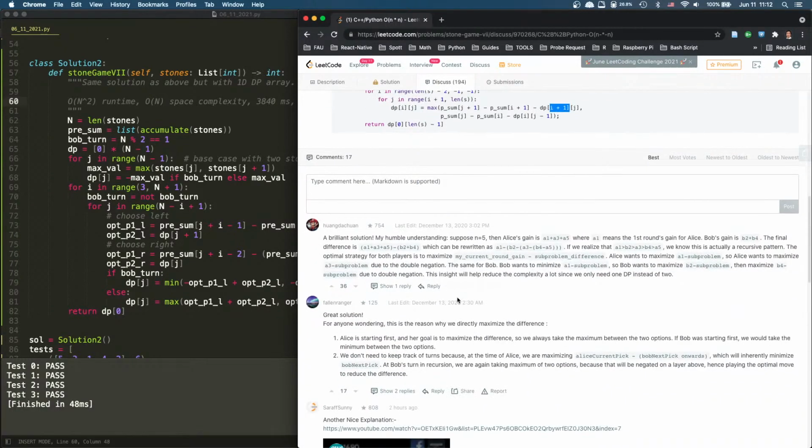Always taking the maximum. At the time of Alice, we're maximizing, which will inherently minimize Bob's next pick. Can't take the maximum too because that will be negated on the level above.